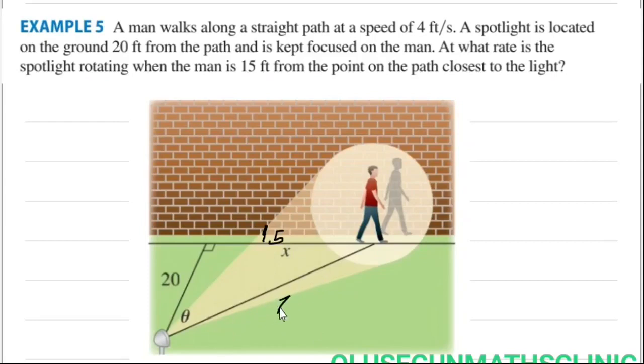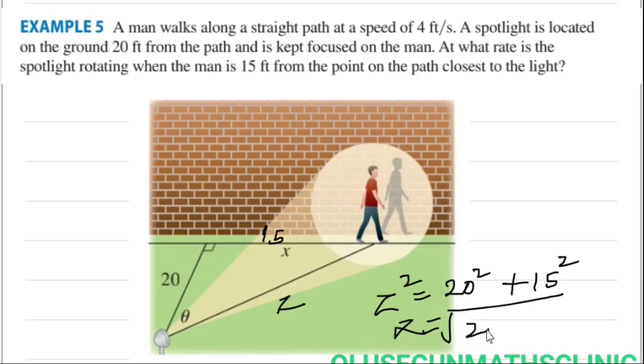Let's call it z. So z squared is equal to 20 squared plus 15 squared. So our z will be the square root of 20 squared plus 15 squared. So z will be 25, due to the diagram.